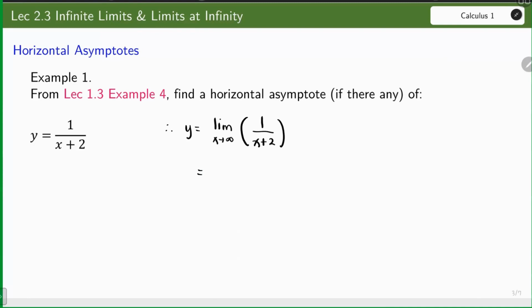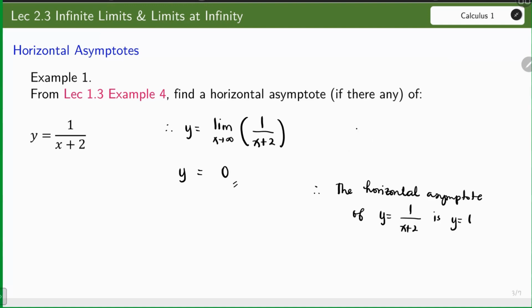So using the theorem of limit previously discussed, the limit of 1 over u raised to n is equal to 0. So this one is equal to 0. Take note that since we have here a horizontal asymptote, the range of the given function will exclude y equal to 0.